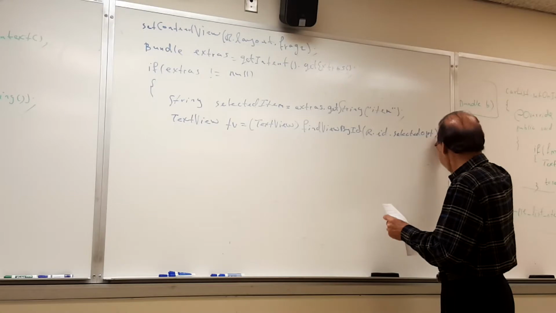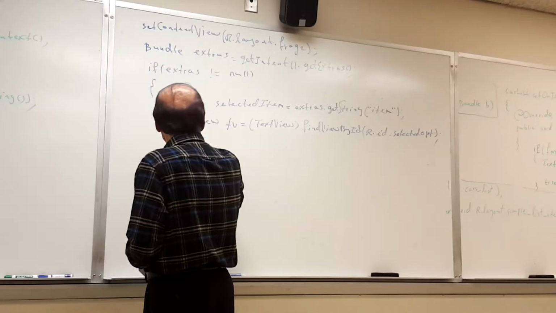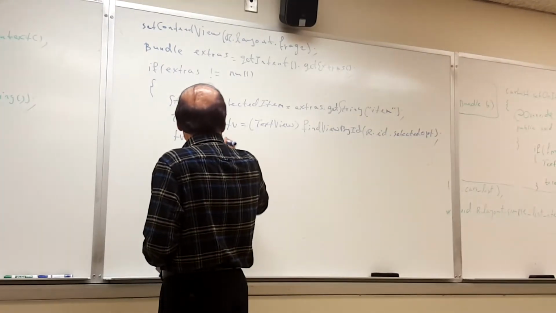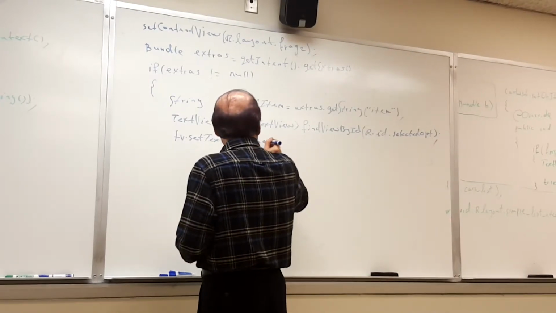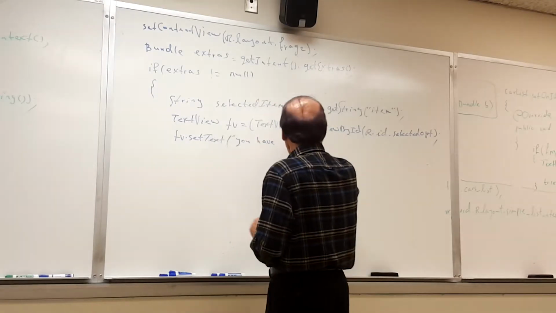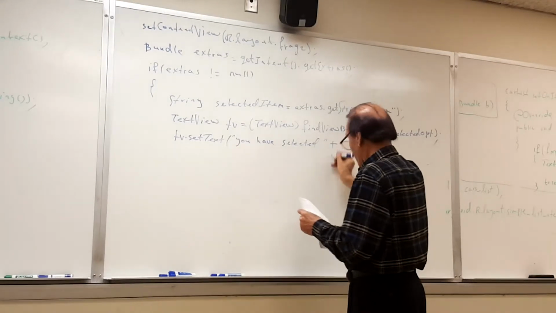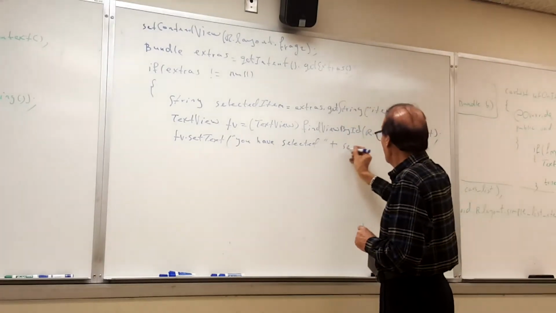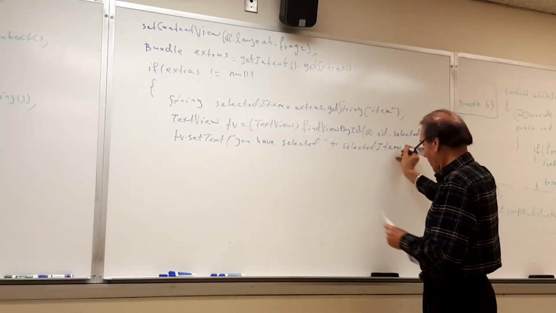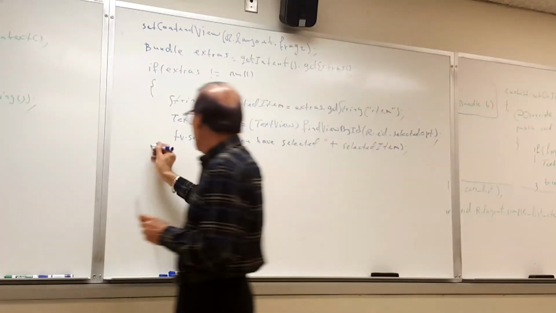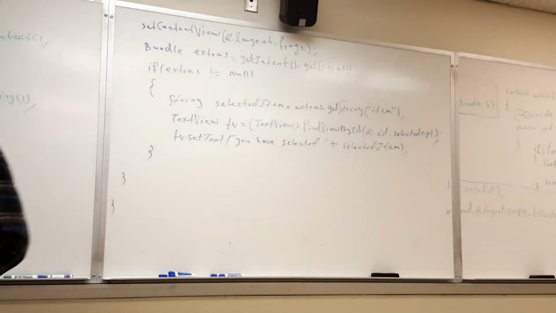So we got that. And let's display it. TV dot setText, you have selected plus selectedItem. And close this guy, and close this guy, and close this guy.